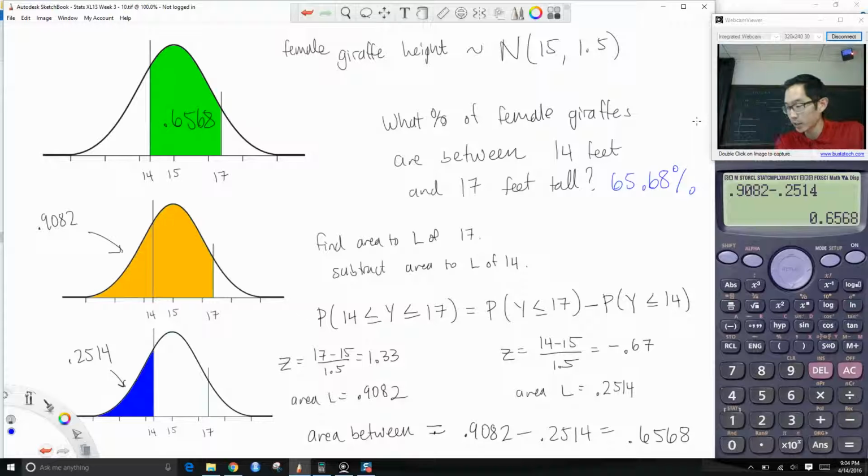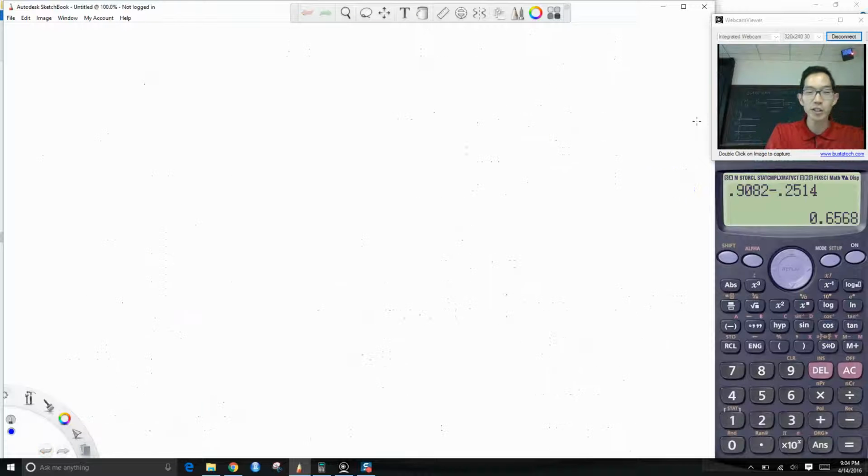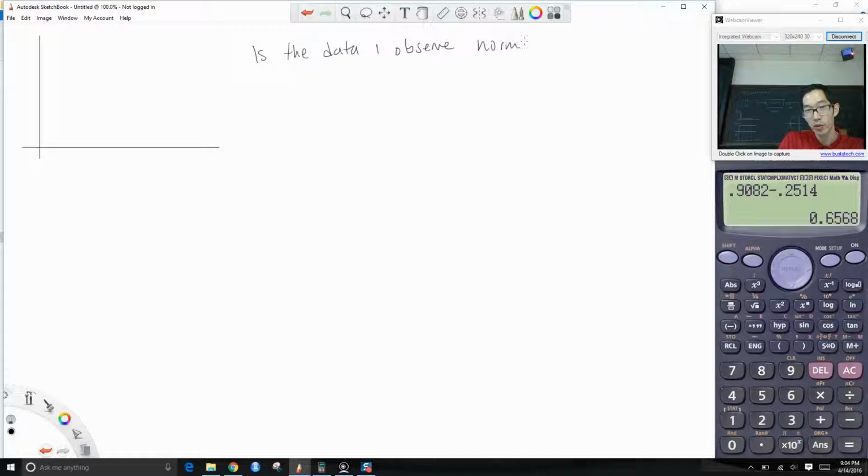All right, in the text, there's a section on normal probability plots. You just read over it, okay? Basically, there's a question of, is the data I observe normal? That is, do they come from a normal distribution?